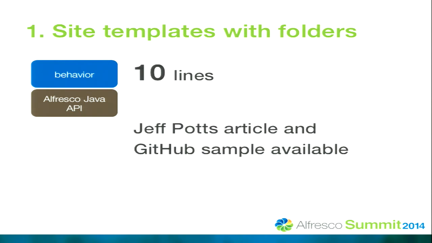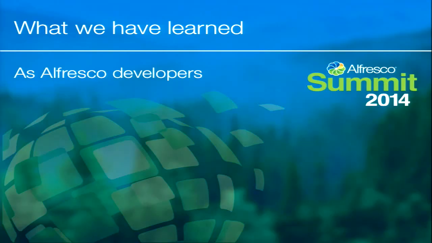So let me say that this is 10 lines, and we're using a behavior in the Alfresco Java API. Okay, right now these are the 10 enhancements, and we can recap all we have seen.